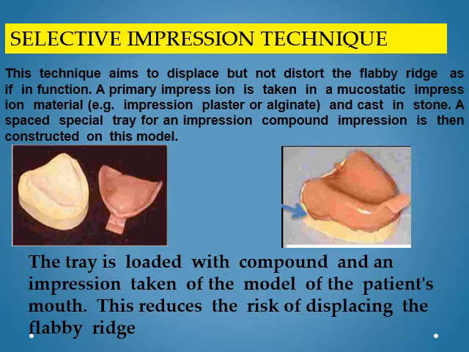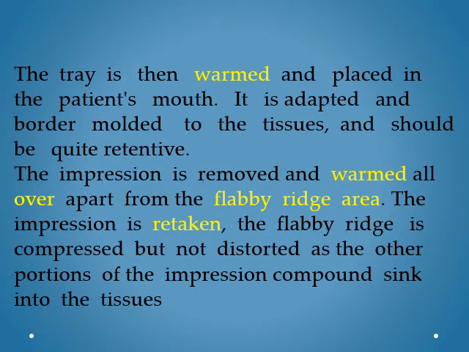The tray is loaded with the compound and an impression is taken of the model of the patient's mouth. This reduces the displacing of the flabby tissue. The tray is then warmed and placed in the patient's mouth. It is adapted and the border molded to the tissue and should be quite retentive.